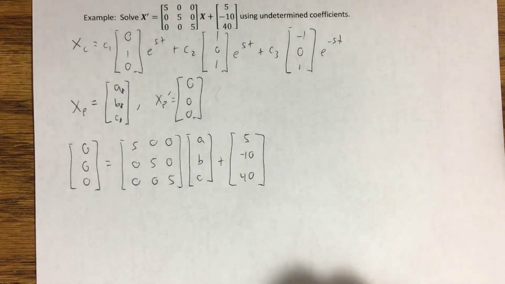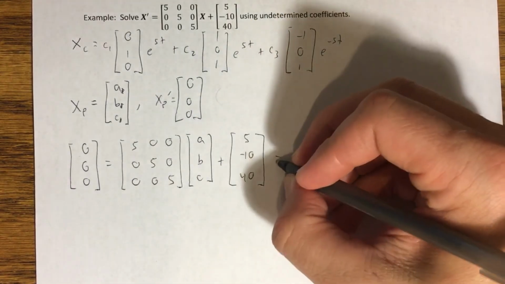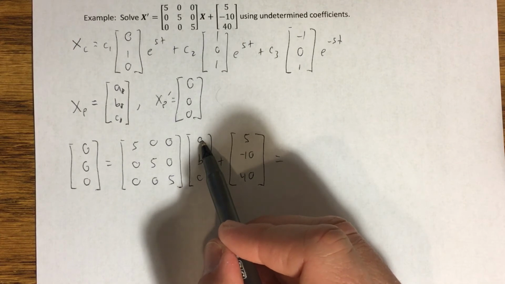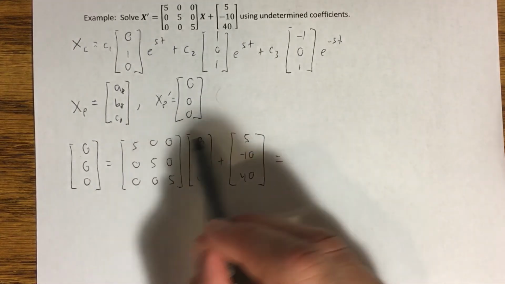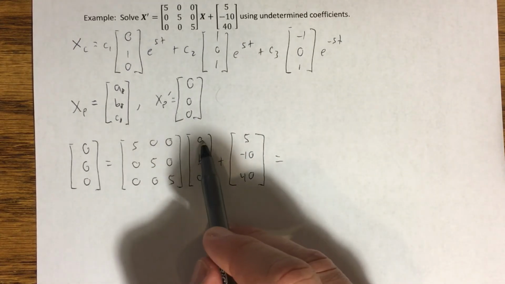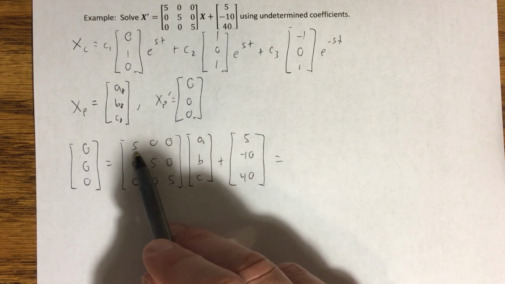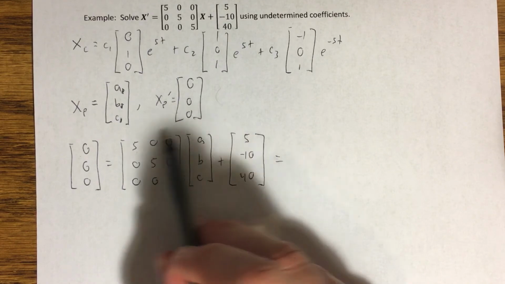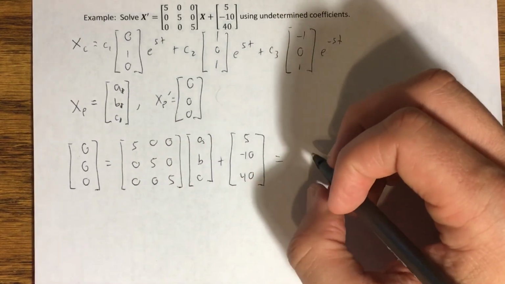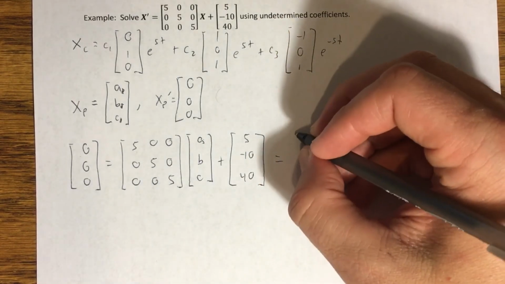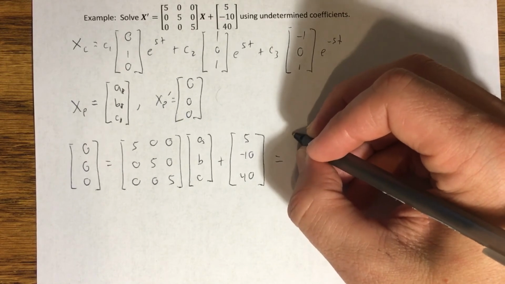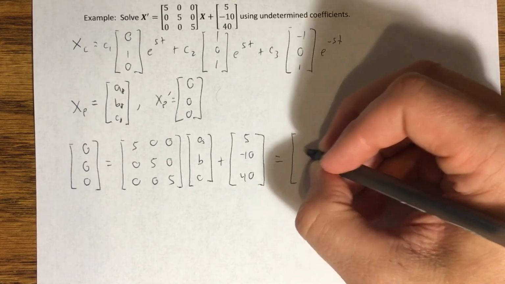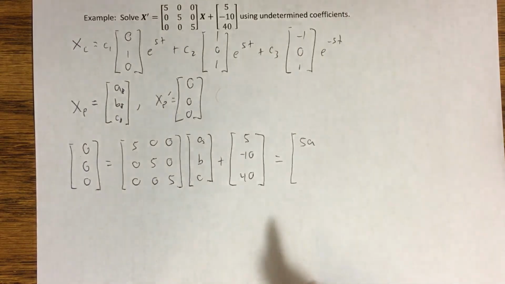Okay? So if I do the multiplication here, notice A is the only thing when I multiply this column matrix to this first row that gets multiplied to a non-zero term. And that's going to give me A times 5, or just 5A. So that's going to look like 5A.